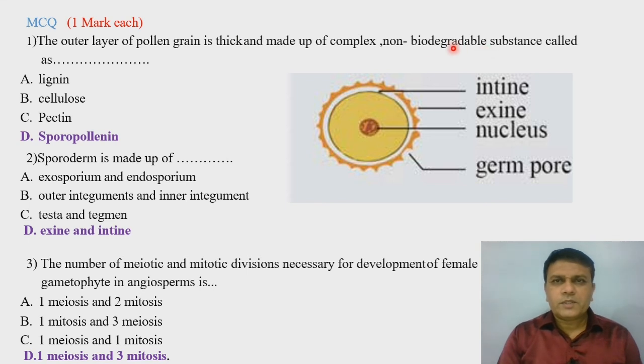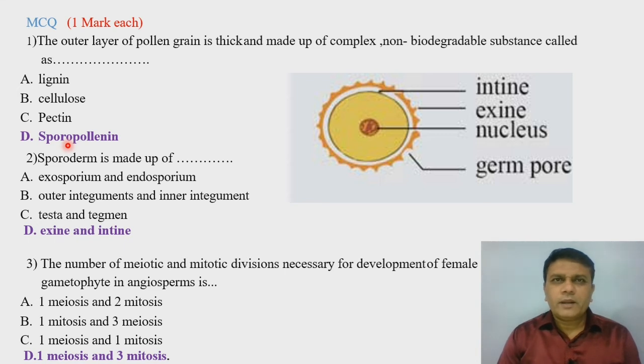So such substance is called as non-biodegradable, and the alternatives given are, the first one is lignin, then cellulose, pectin, and the correct answer is sporopollenin. So sporopollenin is the non-biodegradable substance which is present in the outer layer.